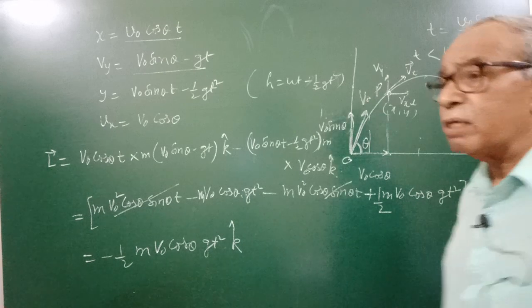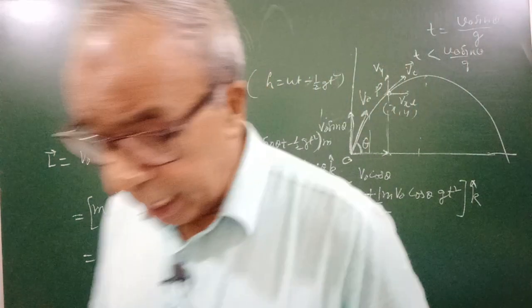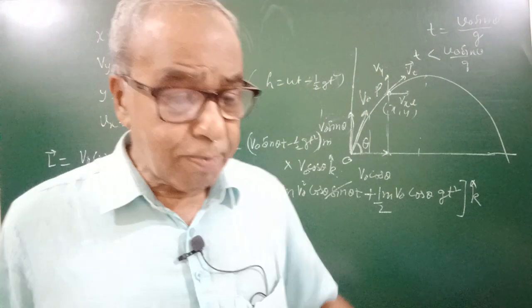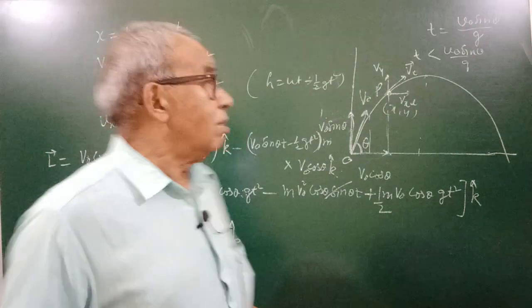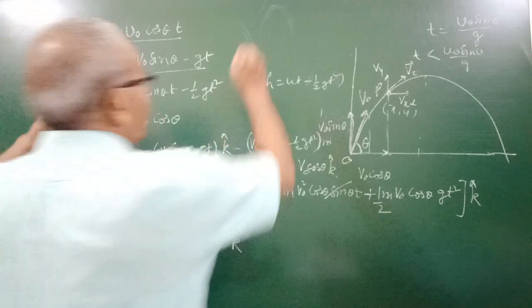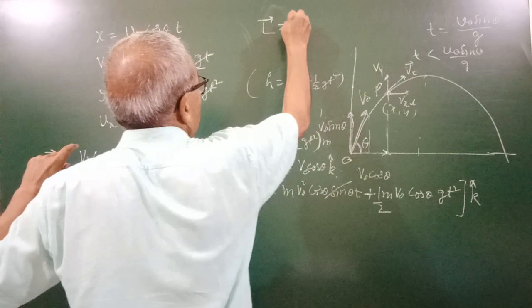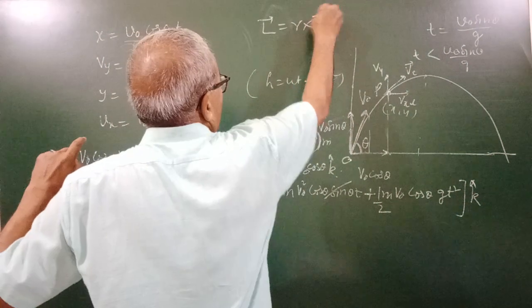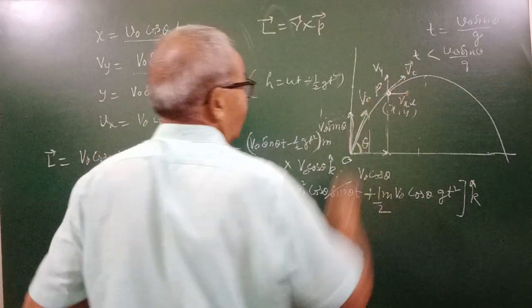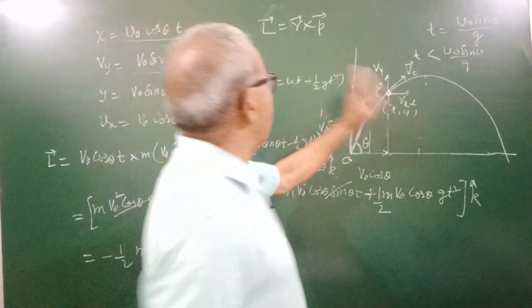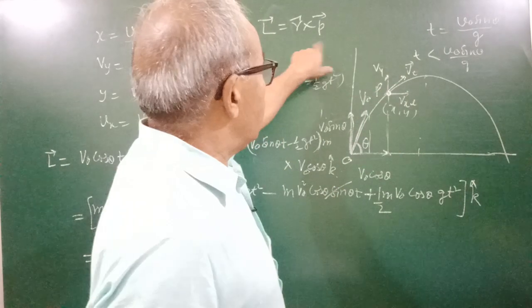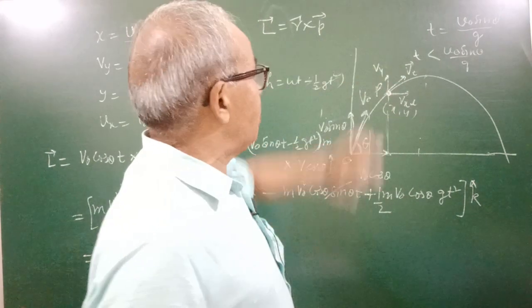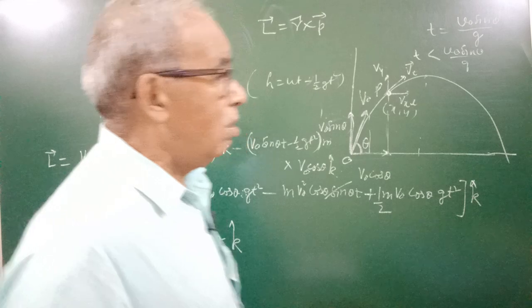So dear student, in competitive exams, actually 2 or 3 chapters are mixed and a question is framed. I use the definition of vector product, L equal to r cross P. Here r is a two-dimensional vector, with x, y as the coordinates, r equal to x i cap plus y j cap. P is also two-dimensional, P equal to px i cap plus py j cap.